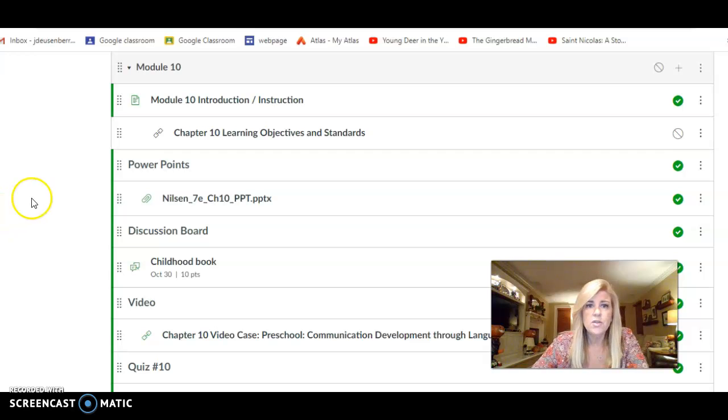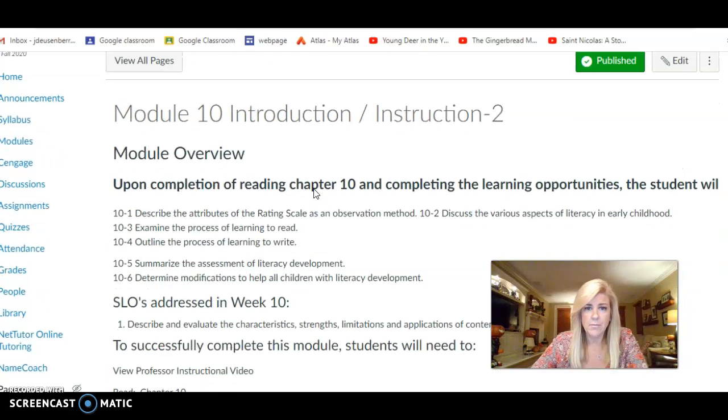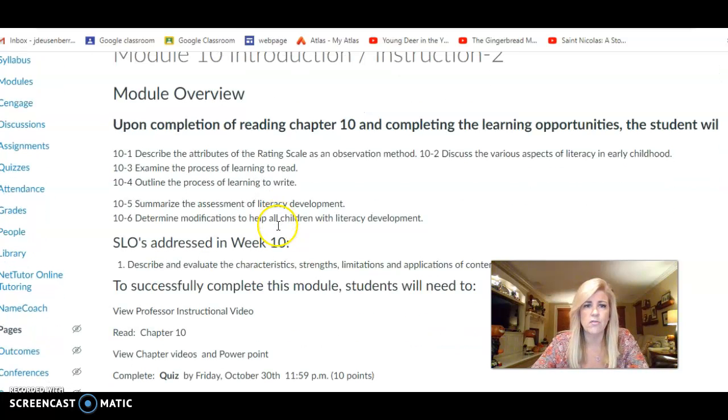So going into module 10 this week, I'll go under instructions. And again, when you're reading chapter 10 this week, these are some things I want you to look for. At the end of your reading, you'll be able to describe the attributes of the rating scale as an observation method.